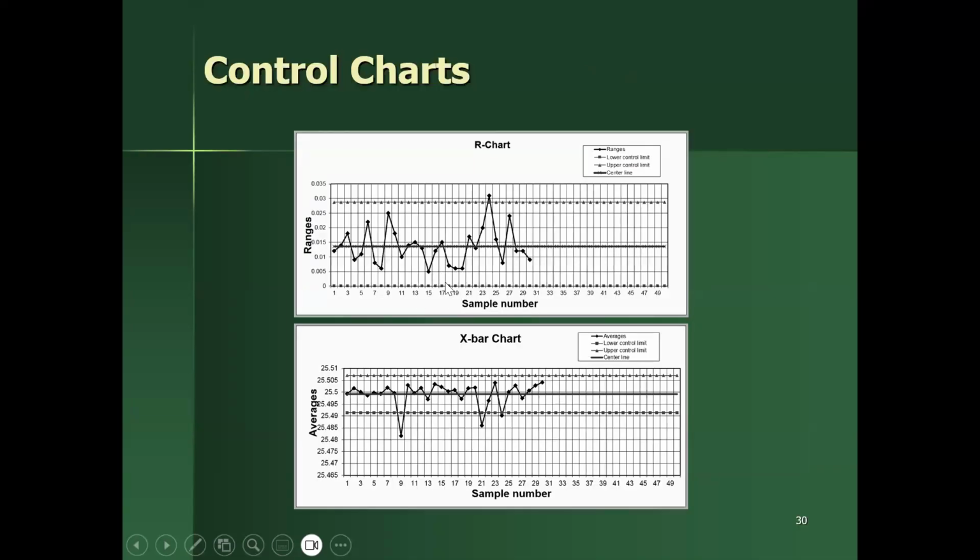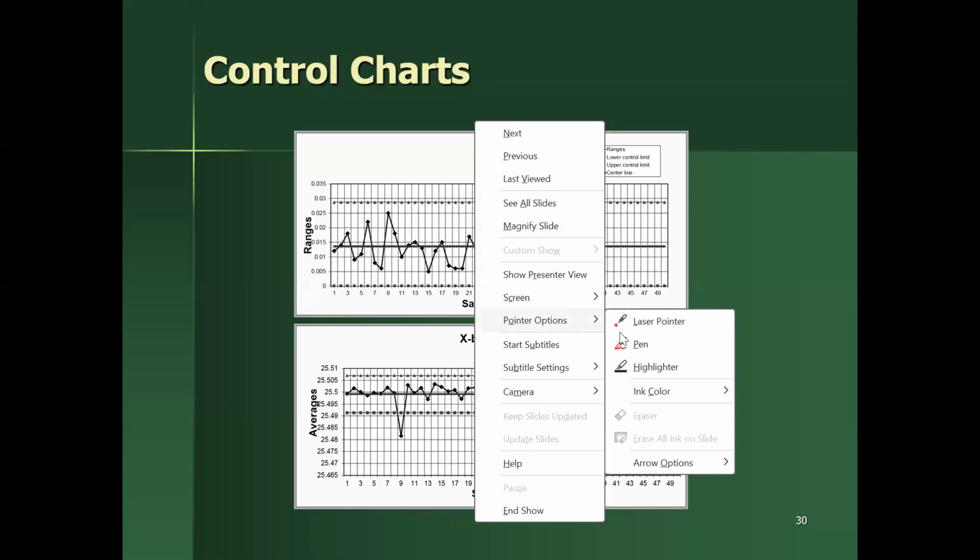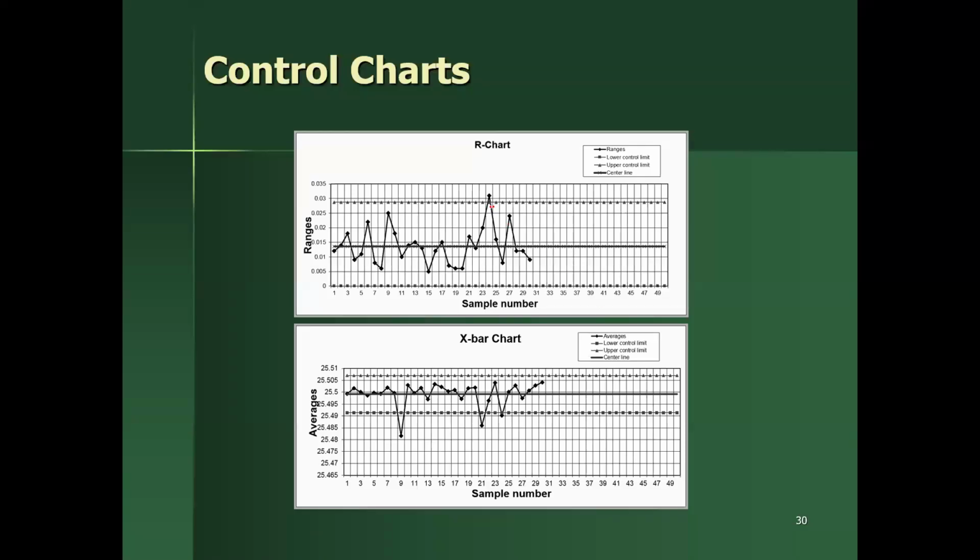And then we plot all these. So this is the R chart. This line is the ranges. This is the upper control limit range. This is the range average, the central line. We call it the central line. This is the lower control limit.